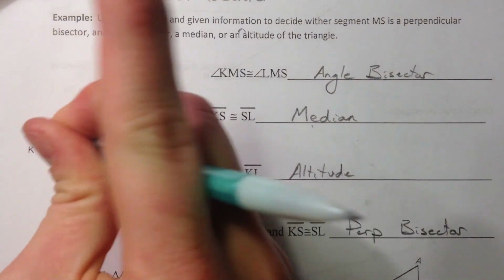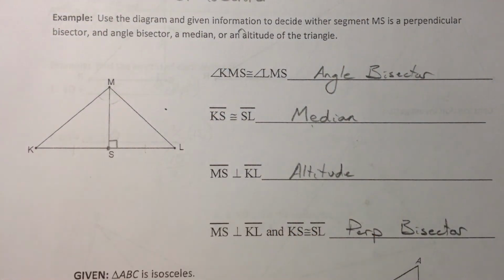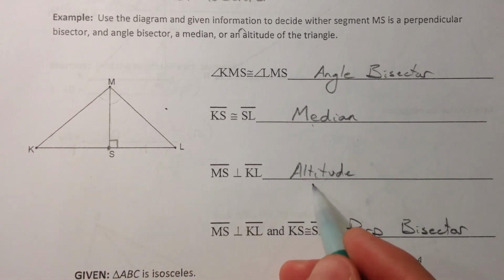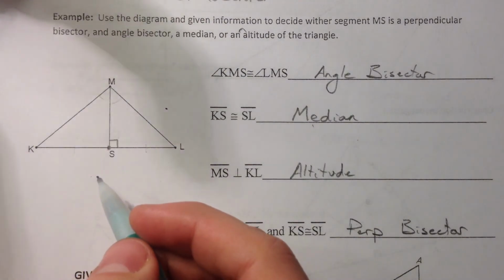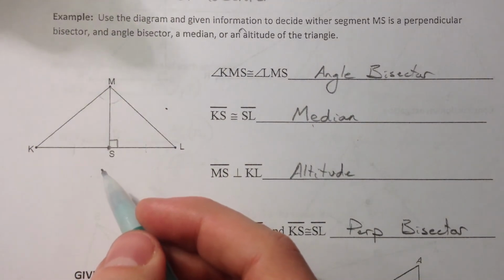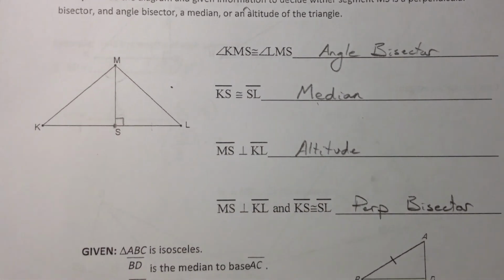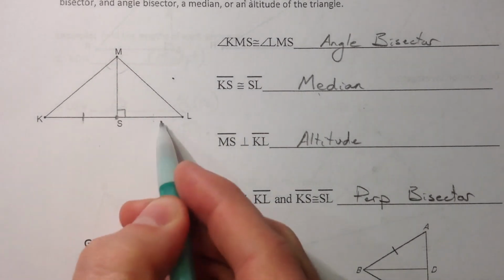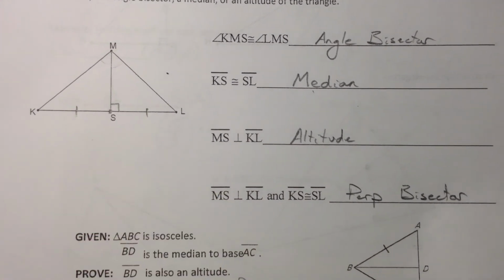If I know that these are perpendicular, then I know that it's an altitude. Again, when we see perpendicular, we automatically want to say perpendicular bisector, but it's not necessarily, because we don't know that it's perpendicular. But if we know it's perpendicular and its KS is congruent to SL, we know this is a perpendicular bisector.